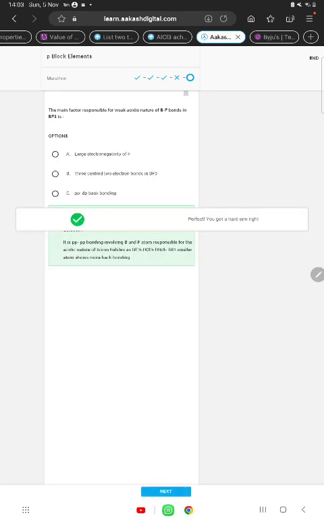This is correct, it is already asked. The pπ-pπ back bonding involving B-F is responsible for the acidic nature of boron halides BF3, BCl3, BBr3, BI3, smaller atoms, so back bonding.